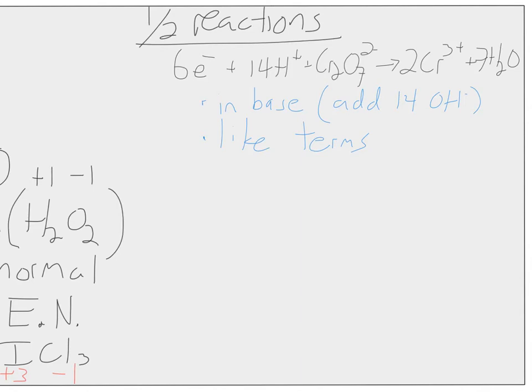Another way that AP will approach these problems is by giving you a full balanced reaction that already has both half reactions together and balanced and everything's happy. And they're going to ask you to deconstruct it and find out what's oxidized and what's reduced.